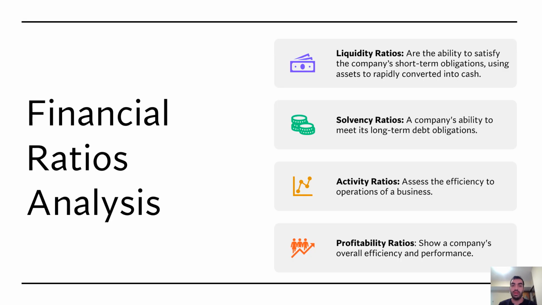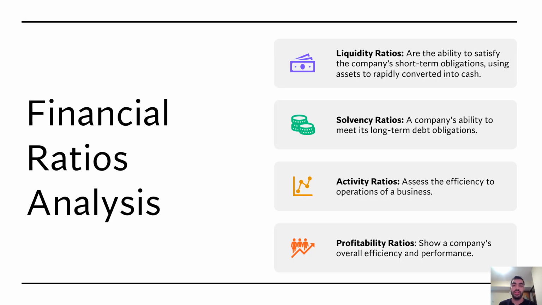These ratios describe the company's ability to meet its long-term debt obligations such as bank loans, bonds payable, etc. There are two primary types of solvency ratios: leverage and coverage. Leverage ratios focus on the balance sheet, while coverage ratios focus on the income statement and cash flow.